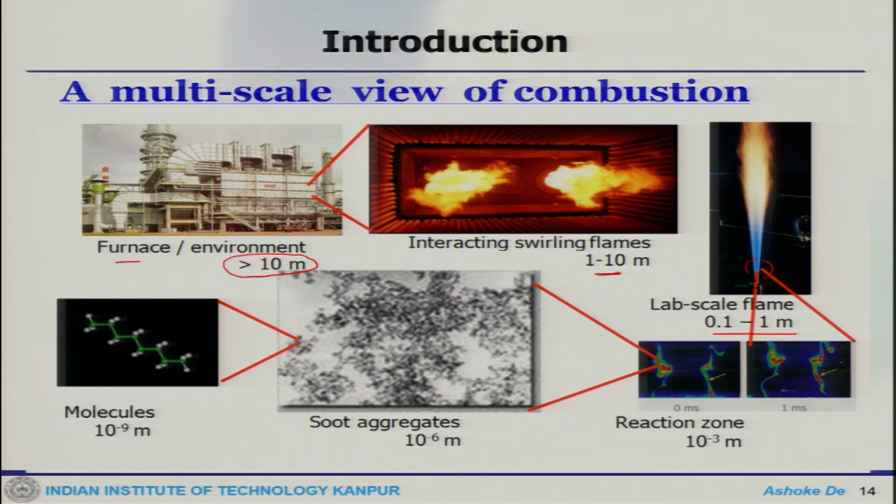As we go on having our discussion on different kinds of flames, we will see these reaction zones and their characteristics, but one can at this moment see that from this to this there is a change of quite a bit of order in the scale of reaction zones.